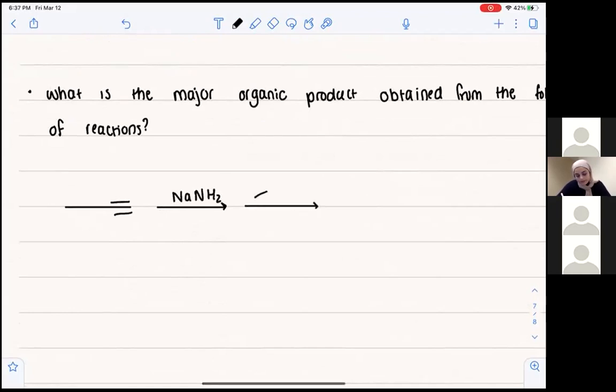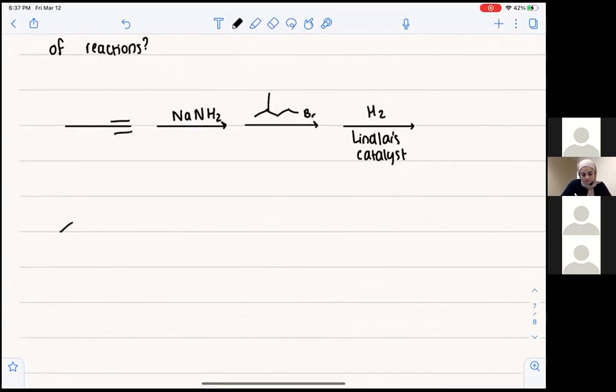Then we have this with Br, and then we have this with H2 and Lindlar's catalyst. This is 1.